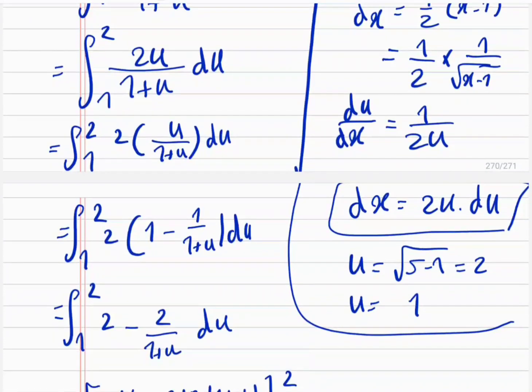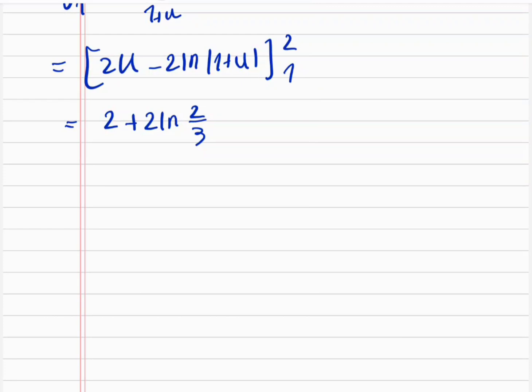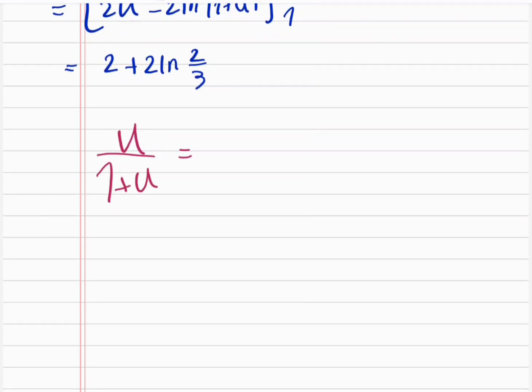But we can use an algebraic trick. So consider u over 1 plus u here.